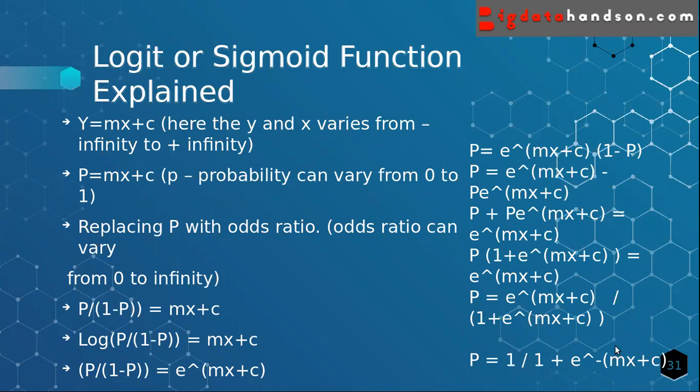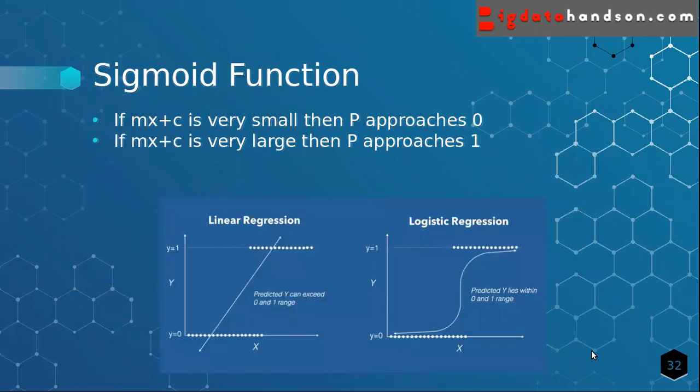our predicted result into a range between 0 to 1. That's what it is doing. We divide 1 by it, and then taking e power, that's why it will convert to the 0 to 1 range. Okay, so the sigmoid function: if the value of our mx plus c is very small, then p approaches 0.